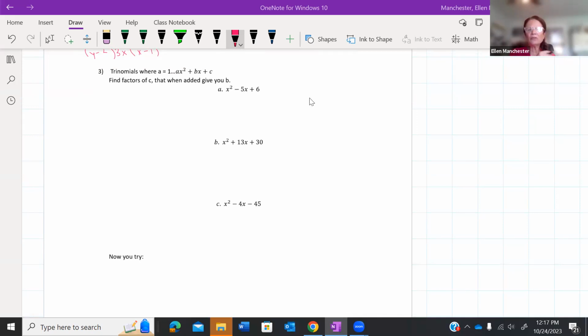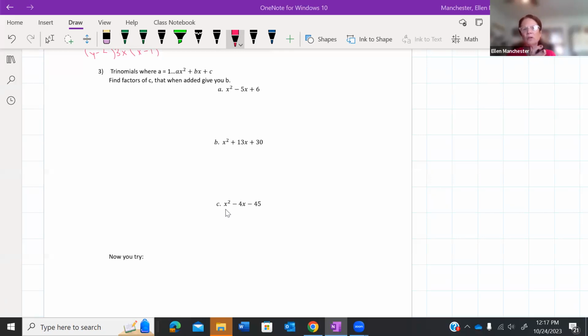Okay, so with this one, now we've kind of moved on from the 4-term polynomial, and now we're in a trinomial. So remember, a trinomial has 3 parts to it, and because it's a quadratic, the exponent that's highest is going to be squared. So you notice that on A, B, and C, every first term is x squared.